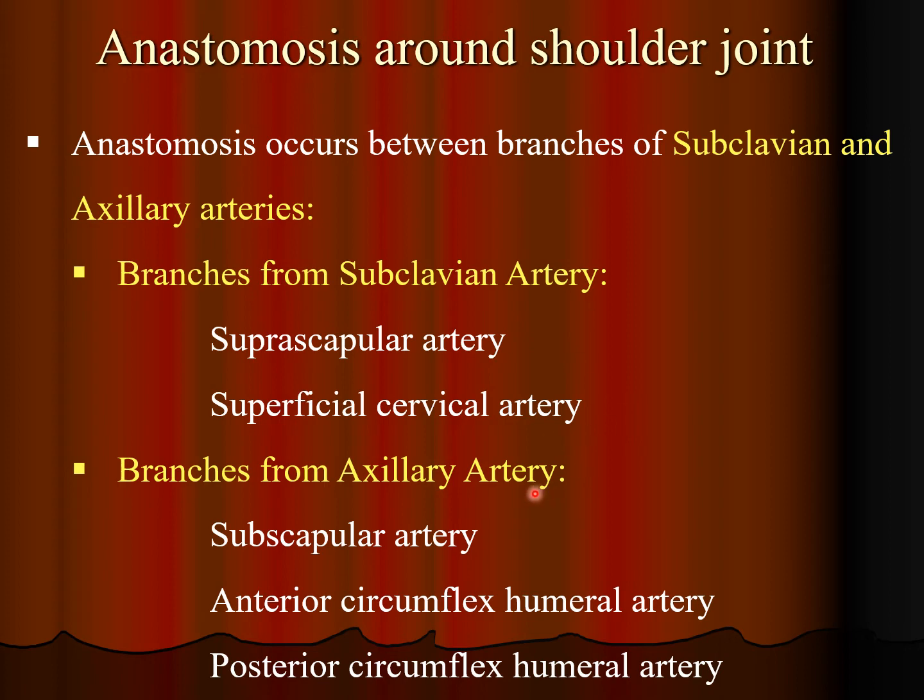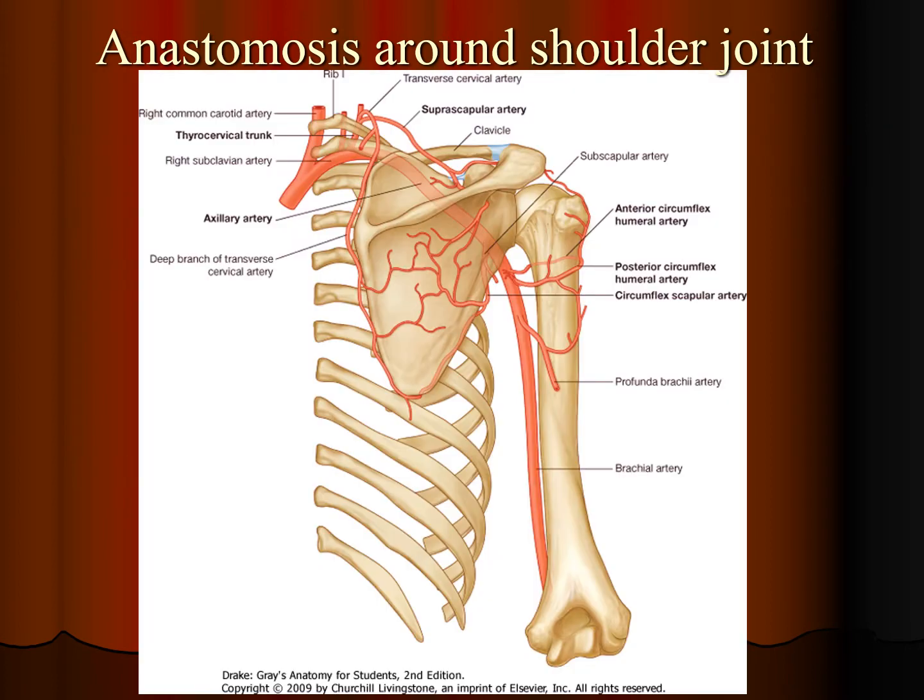These anastomose with the branches of the third part of axillary artery, the subscapular artery, anterior circumflex humeral artery and posterior circumflex humeral artery, to make an anastomotic channel.